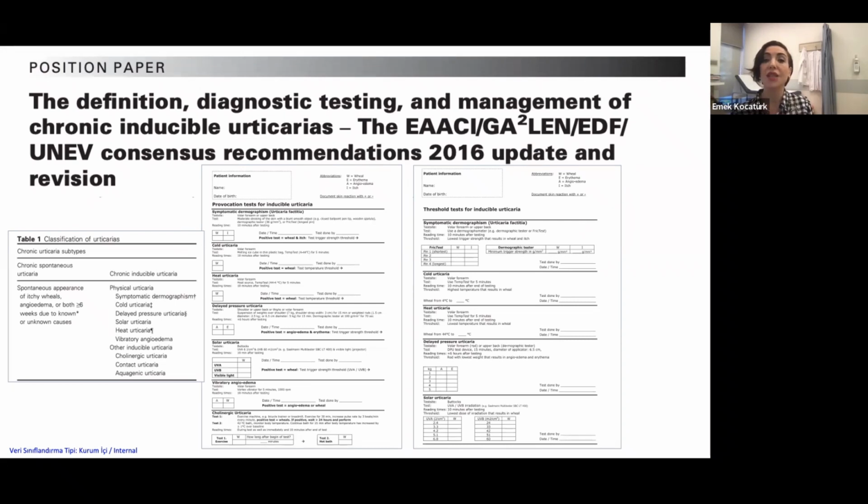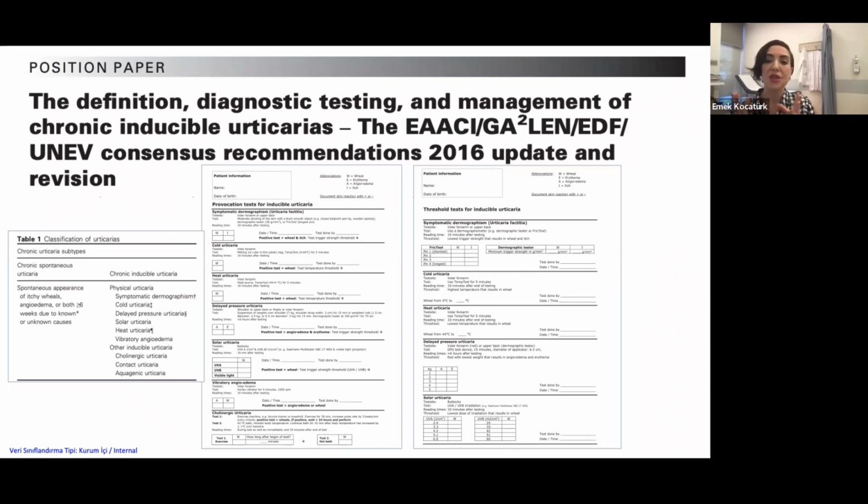For example, for symptomatic dermographism, we can use a wooden spatula, or we can use a dermographometer, but it's not very easy to find. We can use a FricTest device, which is a very practical device that can also give us scoring and activity of the disease. For cold urticaria, we can use ice cube testing, or if we are lucky, we may have a TempTest device which shows the temperature the patient reacts to.